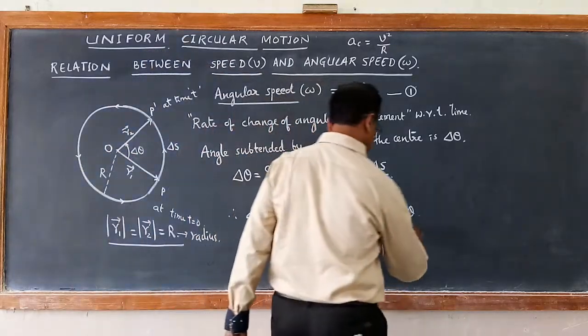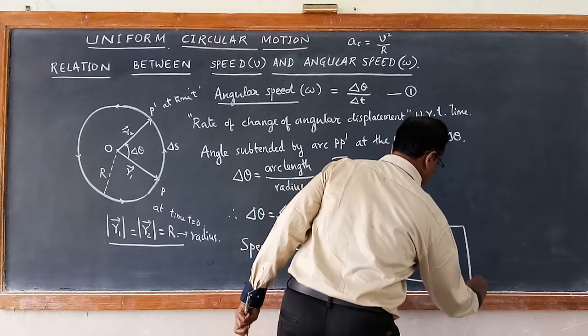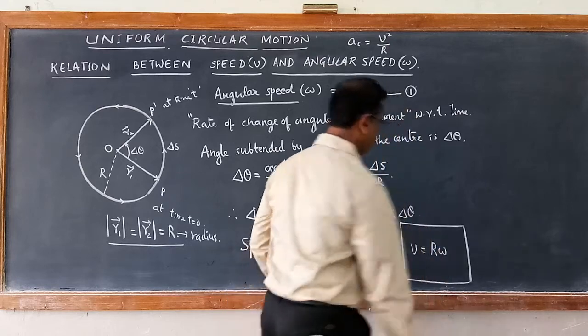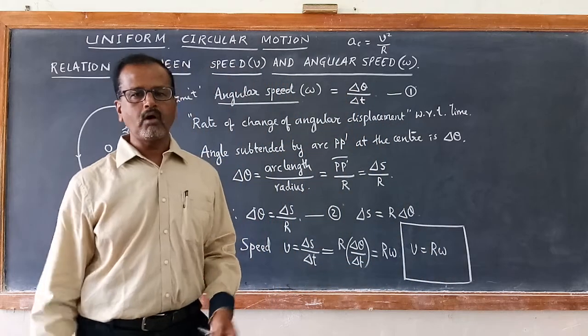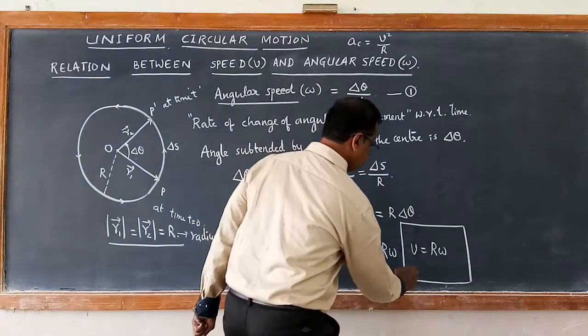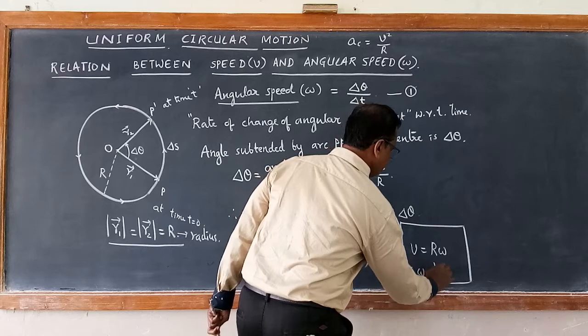Thus, we get important equation: linear speed v equal to radius multiplied by angular speed omega, or omega is equal to v by r.